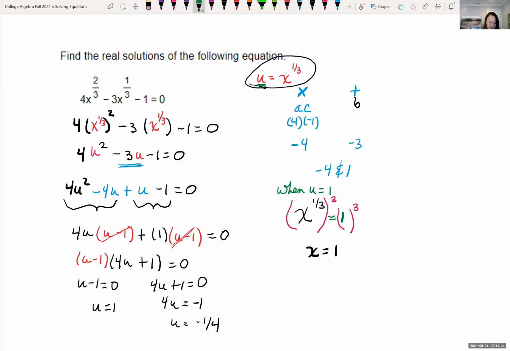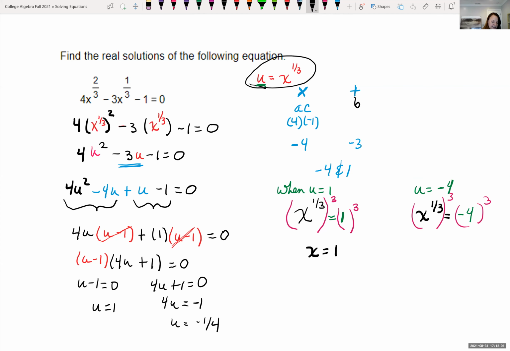The other one, let's look at when u equals -4. So I have x to the 1/3 is equal to -4. So again, we want to get rid of the 1/3 power so we can have x to the first power. We can cube both sides of our equation.